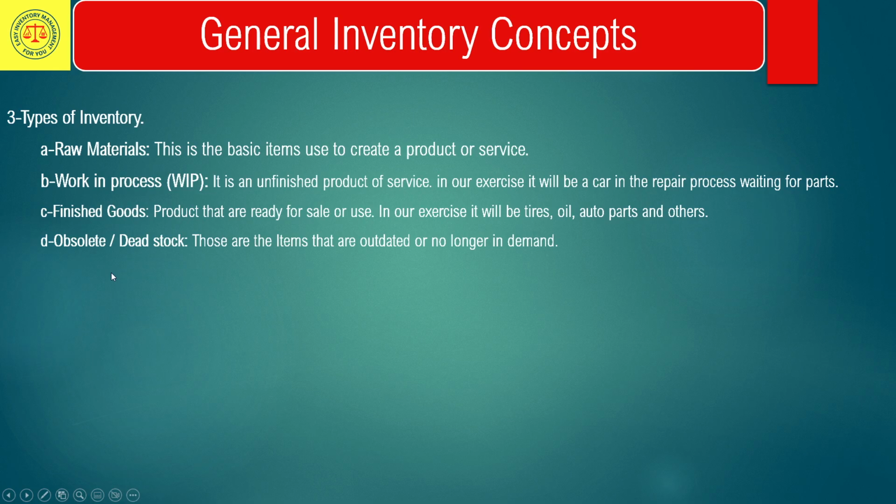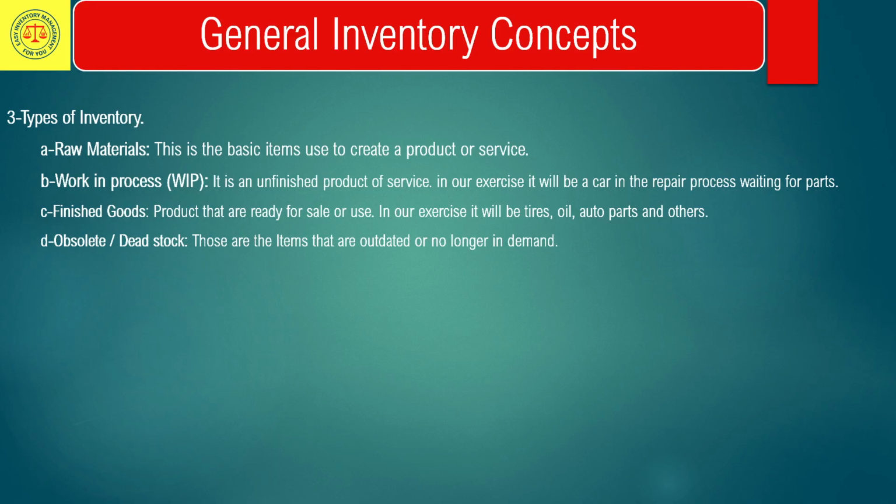Obsolete or dead stock. Those are the items that are outdated or no longer in demand. Today it is very difficult to manage inventory sometimes because technology changes everything overnight. You buy a certain amount of items expecting to sell, and tomorrow is too late.